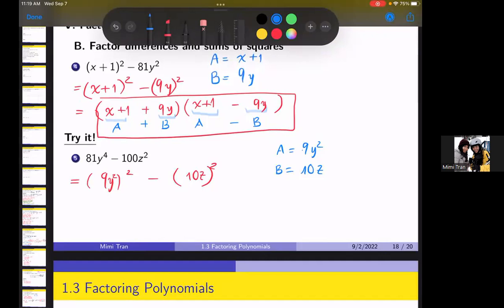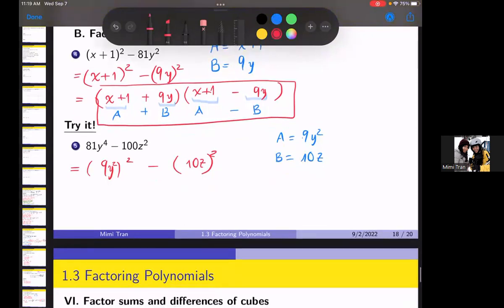All you do is just plug in a plus b, a minus b. All right, most of you got it right. So A is 9y squared, plus B is 10z, and then 9y squared minus 10z.